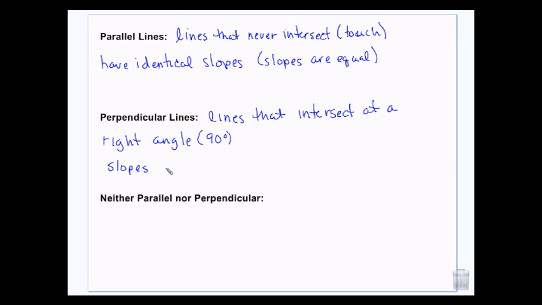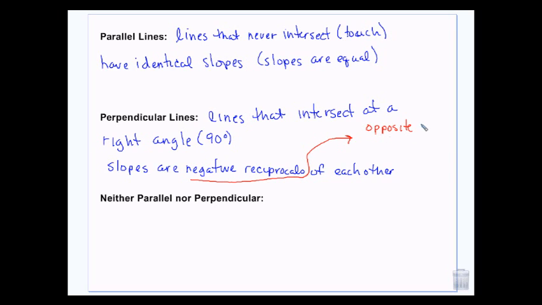Slopes are negative reciprocals of each other. That might be a little confusing. What that means, negative reciprocals, is they're opposite signs and flipped. I'll explain that a little bit more in a minute.